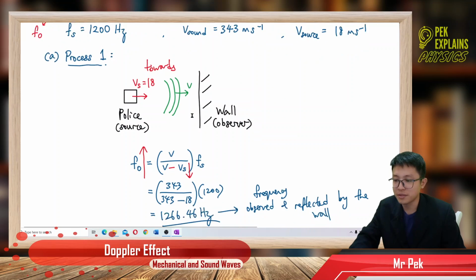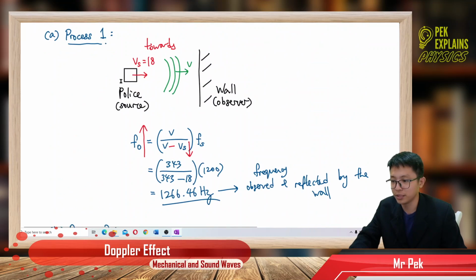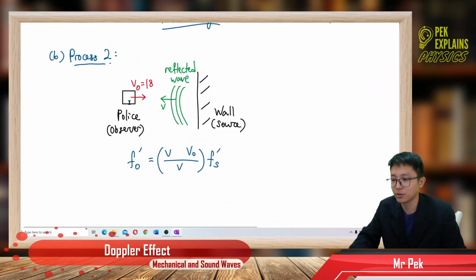This 18 becomes the speed of the observer, not the speed of the source anymore. The source, which is the wall, is stationary, so we don't have Vs anymore.